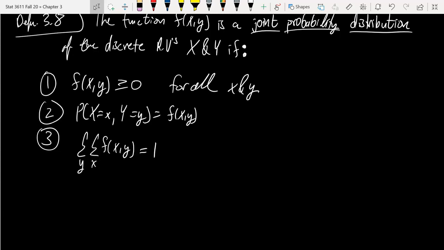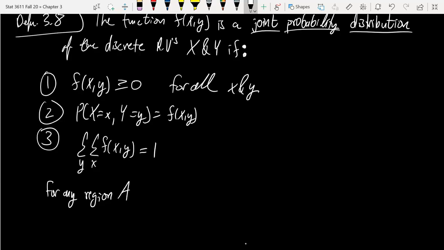And just like in the discrete case, if you want not specific probabilities, but a range of possible values, you just add up all of the cases that fit that range. So the notation is, now that we have 2 random variables, your cases would be like a region in the xy plane.